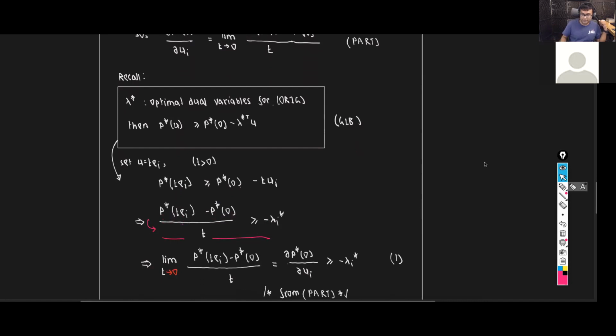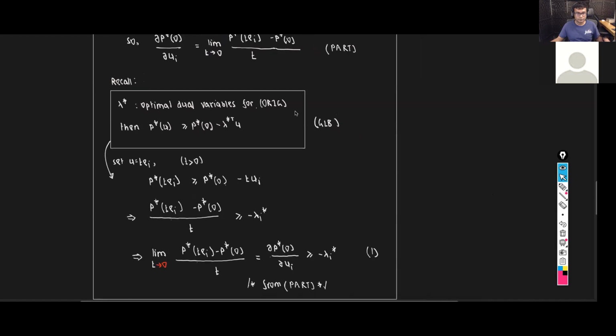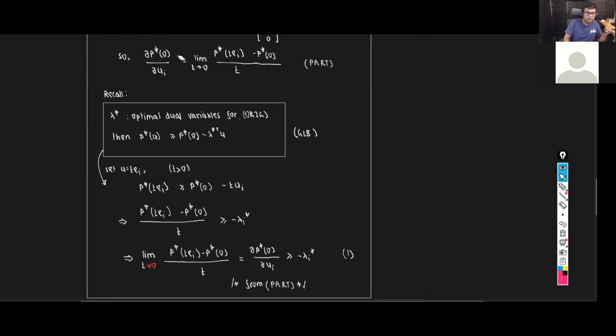After that, I have this equation. What I am going to do is take the limit on both sides. The right side does not involve t, so it will basically stay the same. When I take the limit on the left side, by definition this is the partial derivative of p star at 0 with respect to u_i.